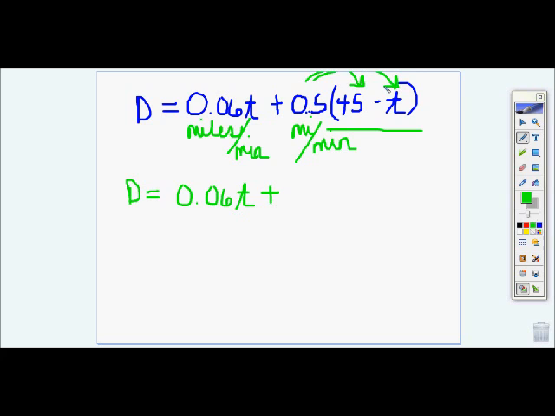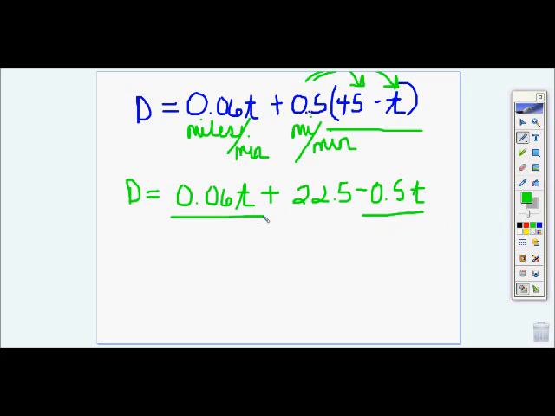So my 0.5 times 45 would give me 22.5, and that's going to be positive because both of those terms are positive. And then my 0.5 times a negative t is going to give me a negative 0.5t.